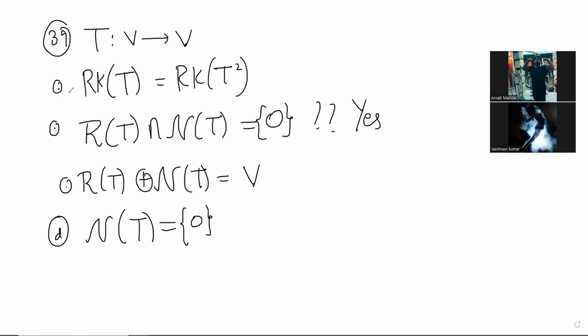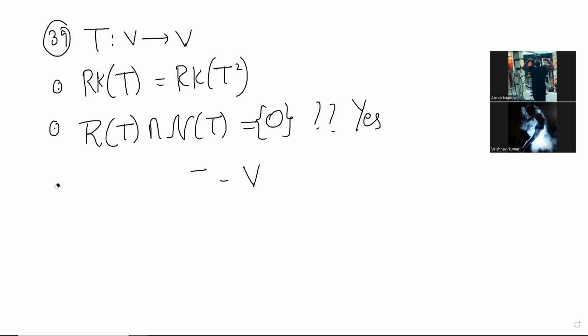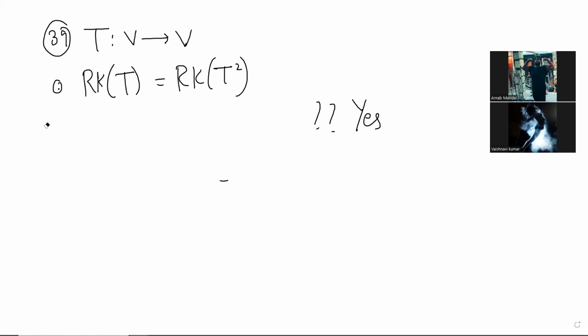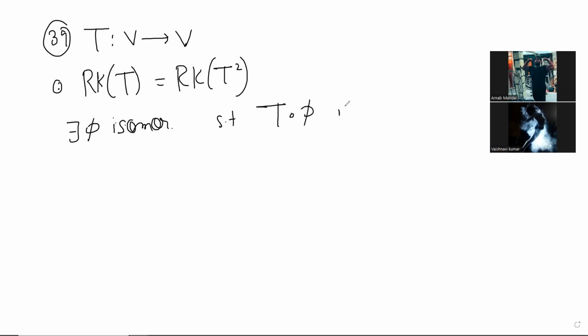So you see, then let's just understand a bit about the previous thing that we were saying. These operators are very interesting. Okay, and so there exists phi, an isomorphism, such that T phi is a projection.